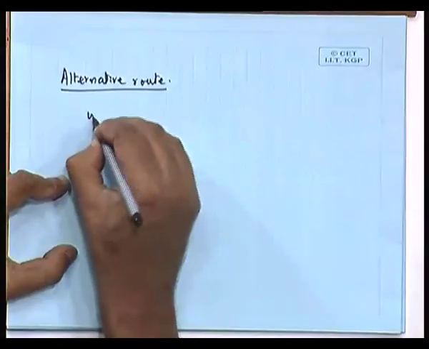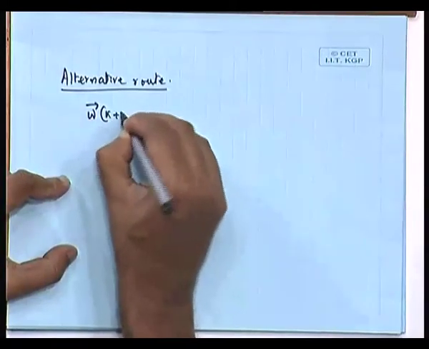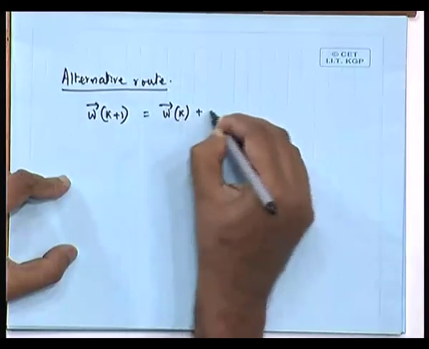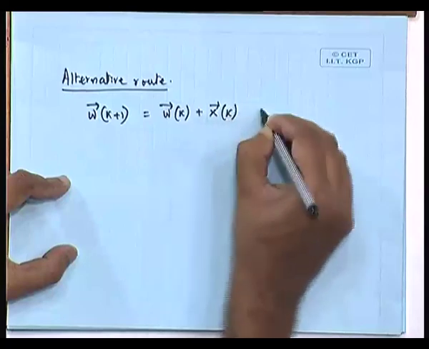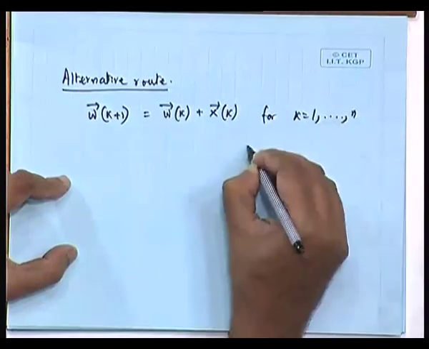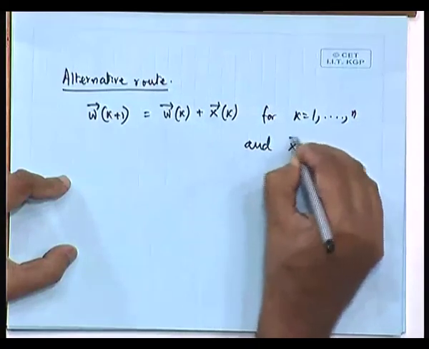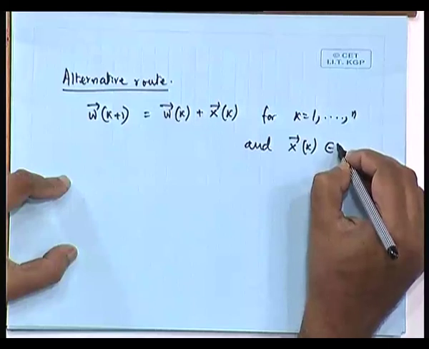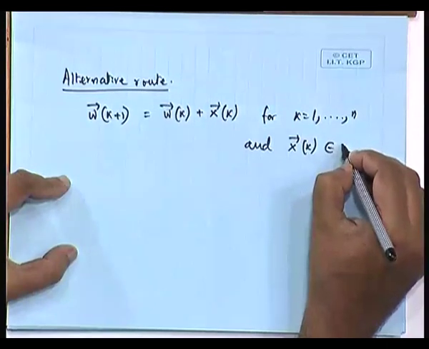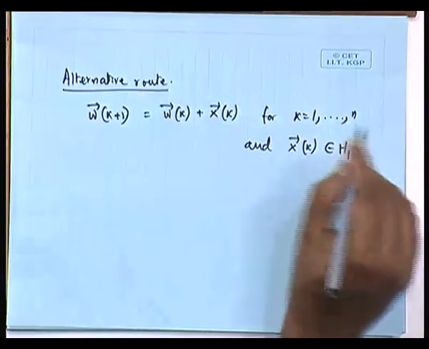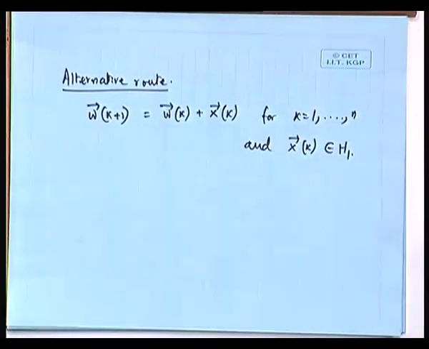So, we take Wk plus 1 is equal to Wk plus xk for k equal to 1 to n, and xk belonging to what? You are not attentive. Belonging to H1. I mean this is basically the misclassification update.